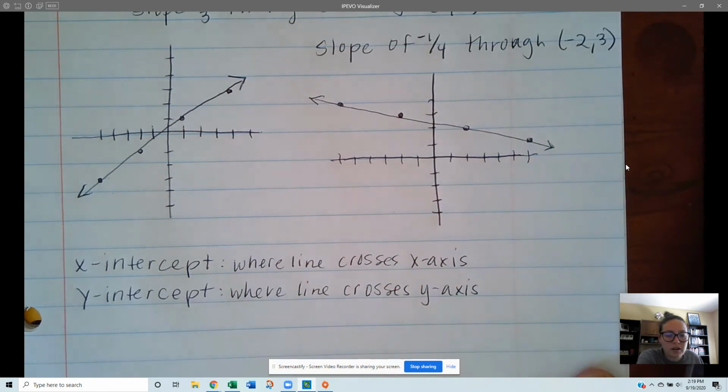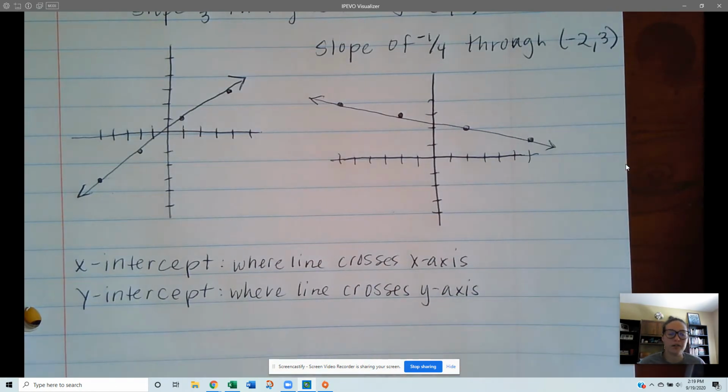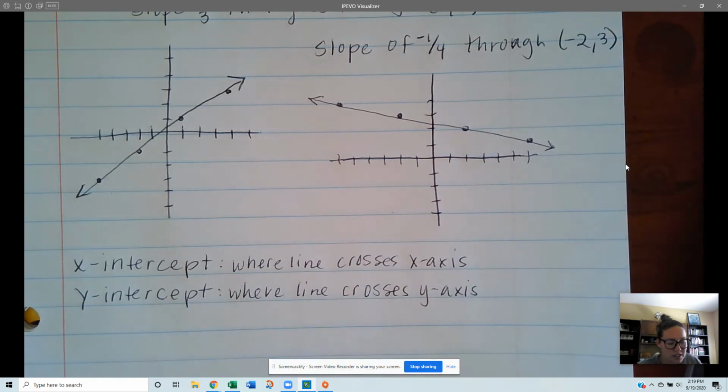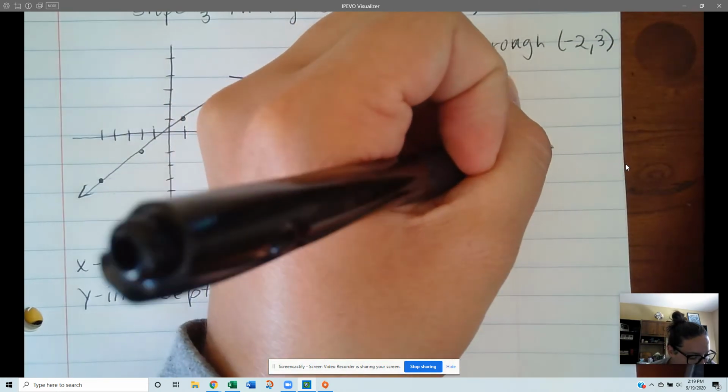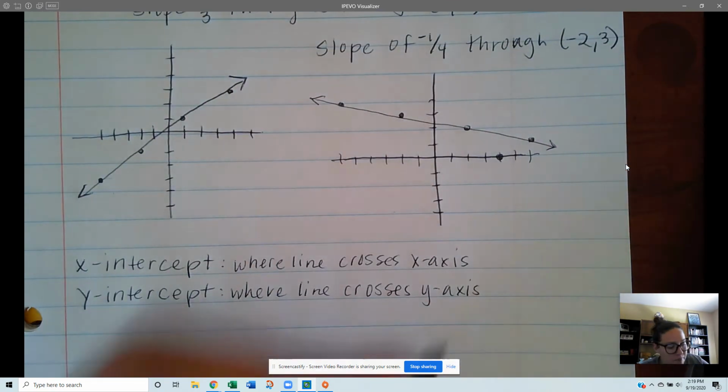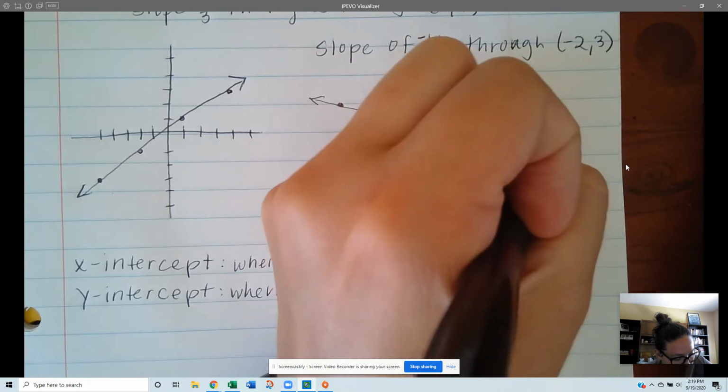But here's what I want you to think about for a second. If we're on the x-axis, pick any point on the x-axis. So let's just say, for example, I pick this point right here. What are the coordinates of that point? 4, 0, right?